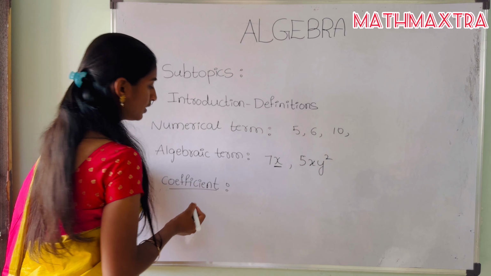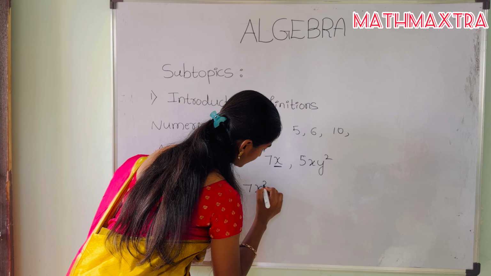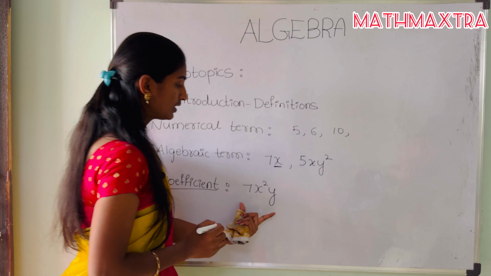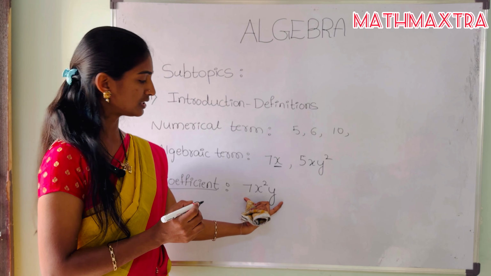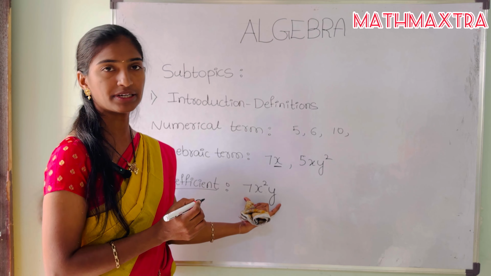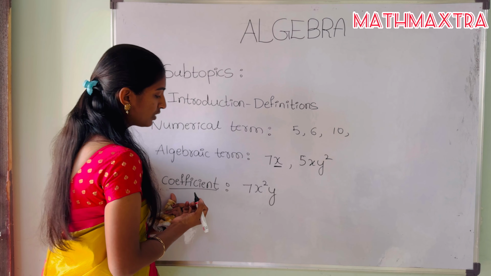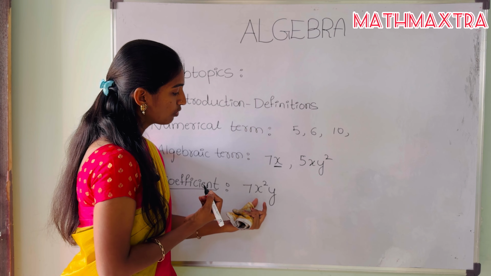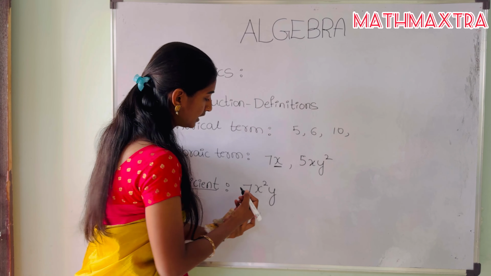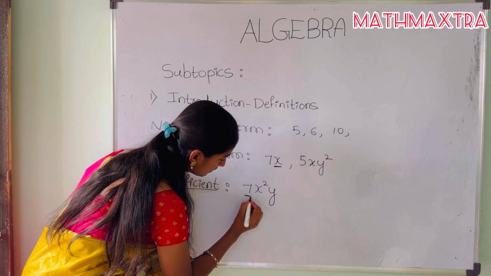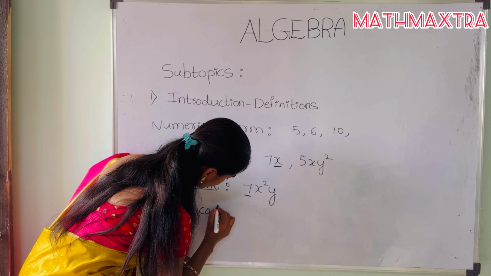What is a coefficient? Take one example, 7x square y. This is our term, an algebraic term, with at least one variable. So when we say coefficient, what is the coefficient of 7?